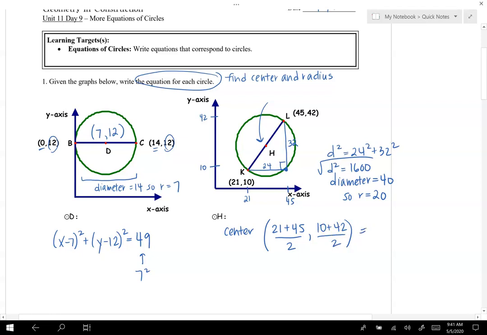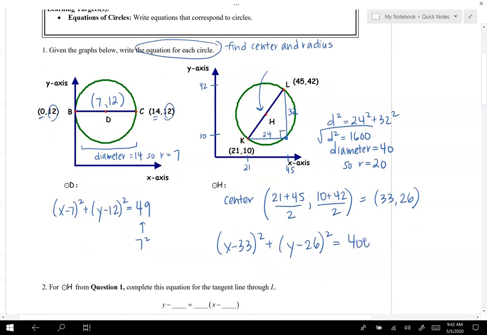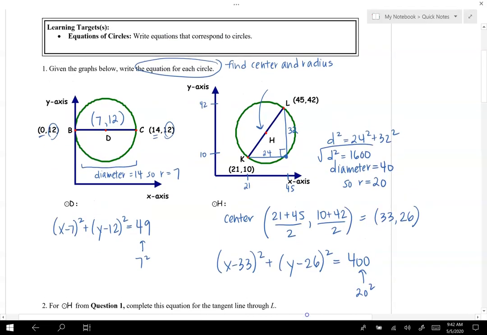So my center is 33, 26. So here's my equation. X minus 33 squared plus y minus 26 squared. And then I have to square 20, so that's 400. So that's 20 squared. Okay?